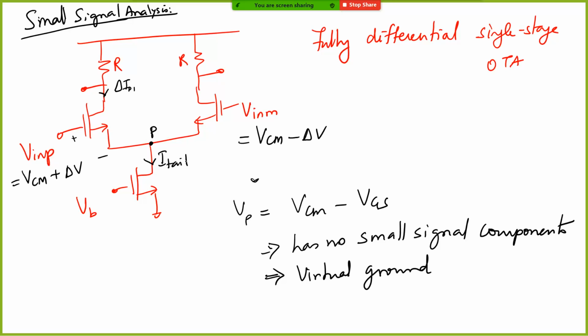That was what we discussed last class. Now, when there is a small delta V on one side, what will be the delta ID on, let's say, the left hand side one? What will be the current? You can unmute and answer.